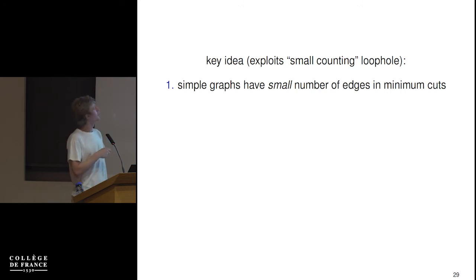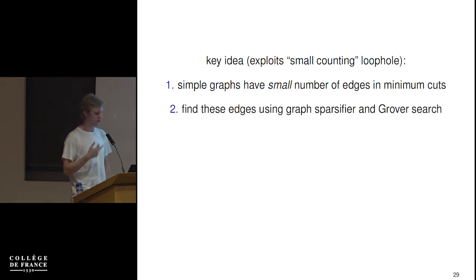And this is exactly what you can exploit with this small counting loophole, right? If you want to count, but the number of elements that you want to count is small, then we actually can get a quantum speedup, even for exact counting. And then we'll use these edges. We find these edges using these graph sparsification ideas. So this is really like a follow-up work to the previous work.